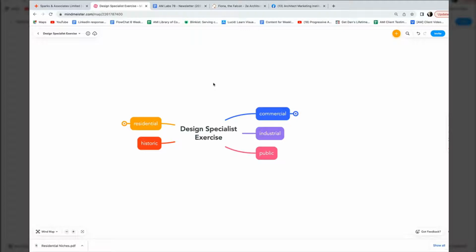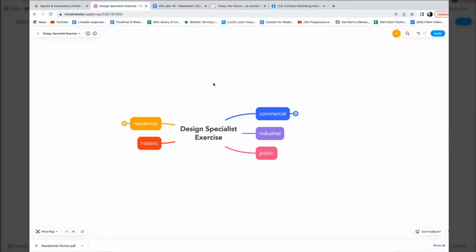But when you do drill down, and when you do find out who your ideal client is, what their problems are, what their questions are, you can then get way more specific when you create your website, when you put your ads out, when you write your articles and your content, when you position yourself. You can position yourself as a specialist in that particular type. And of course, in this example, people wanting to build a $3 million luxury home, all they want to see is that you are an expert or a specialist in $3 million luxury homes.